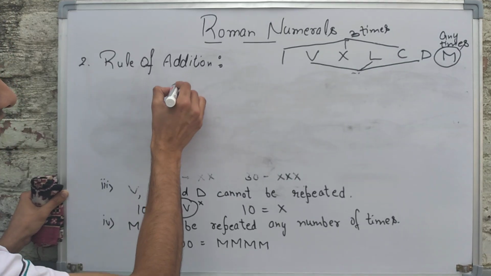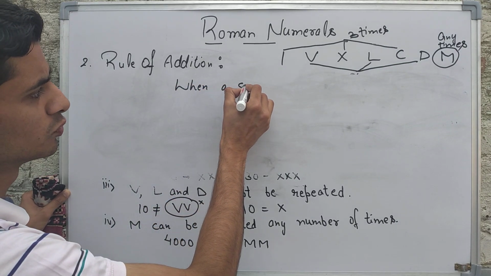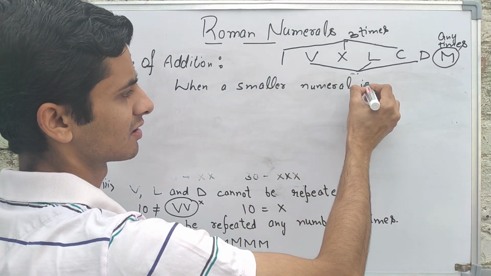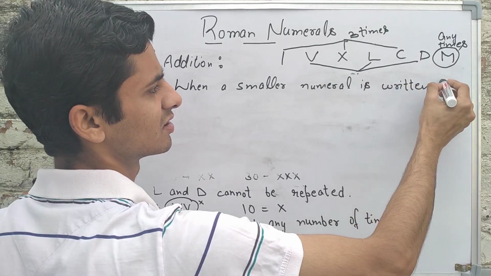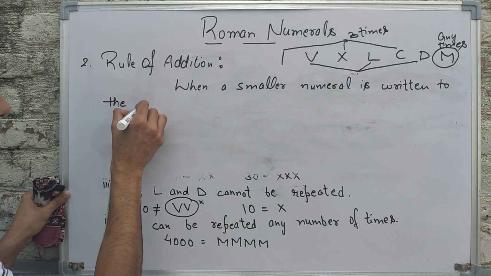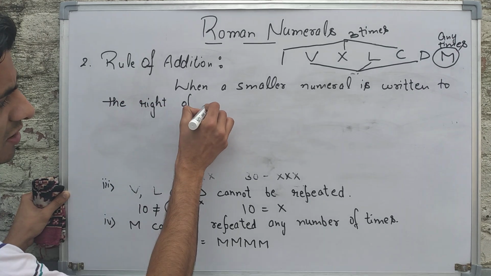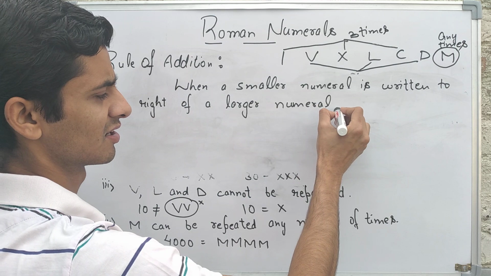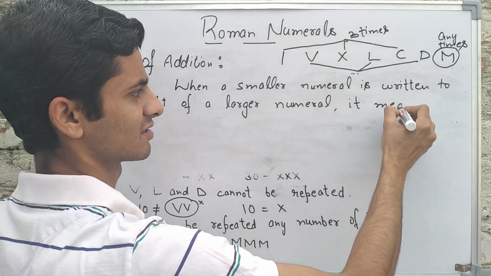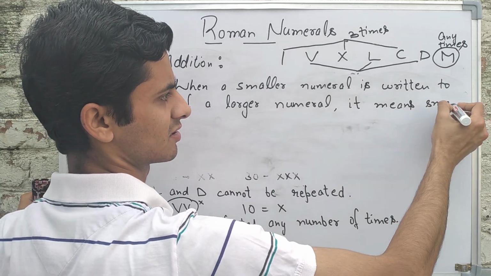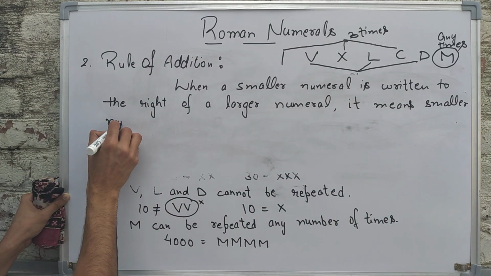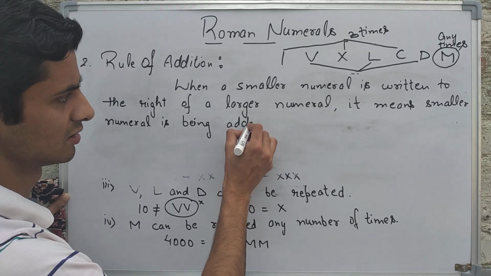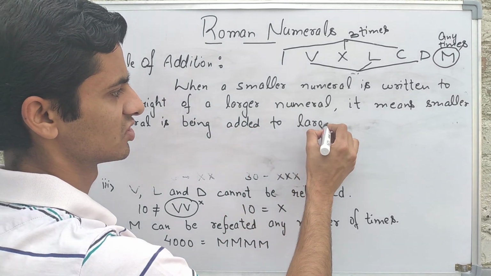It says that when a smaller numeral is written to the right of a larger numeral, it means the smaller numeral is being added to the larger one.